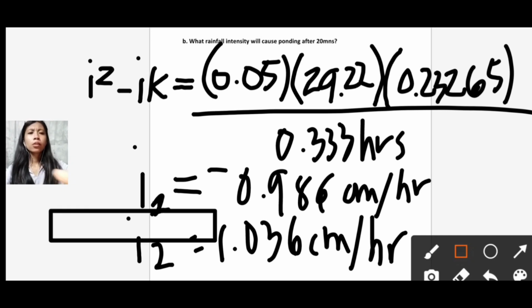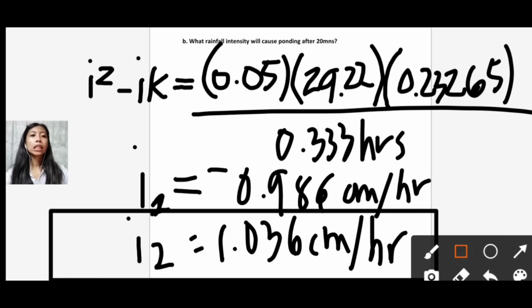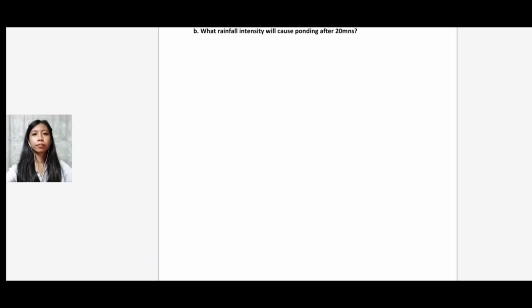Basically, this is your intensity. Well, actually, if you would observe, if the ponding time takes longer, then the intensity is gonna be lower.